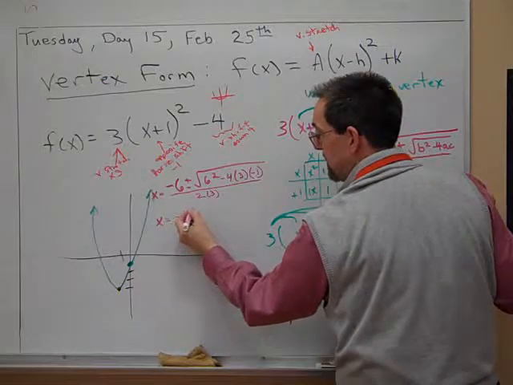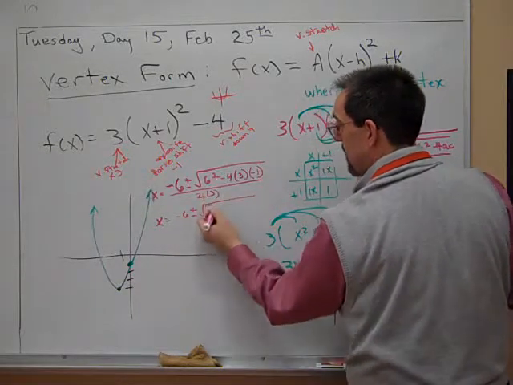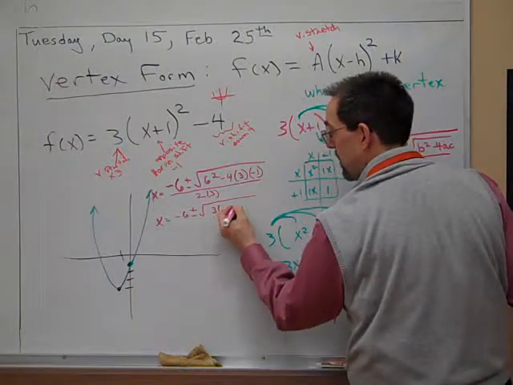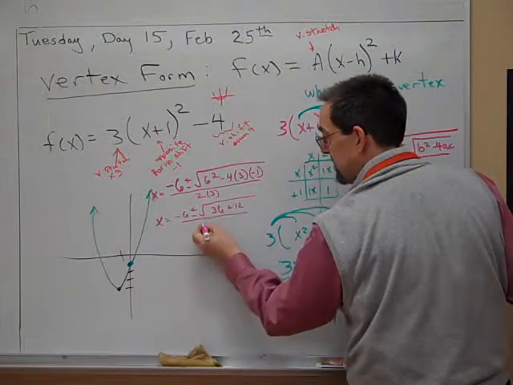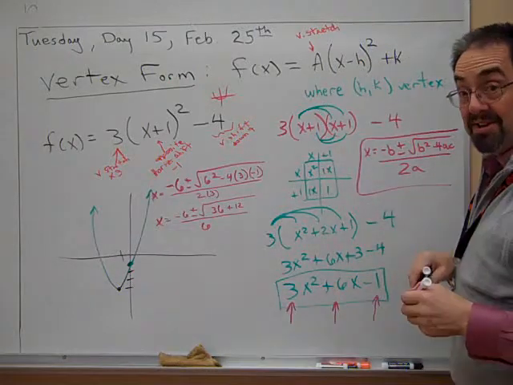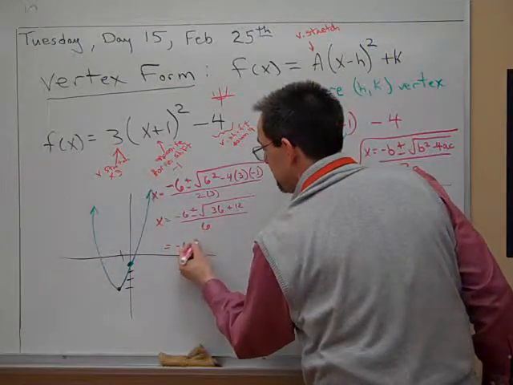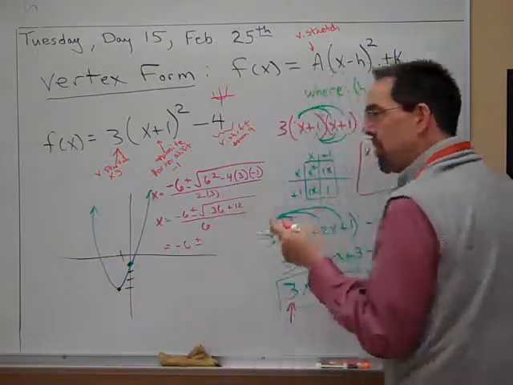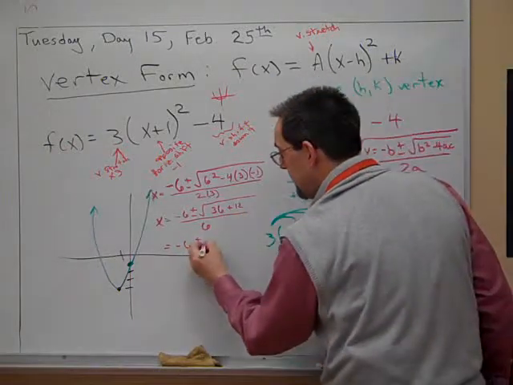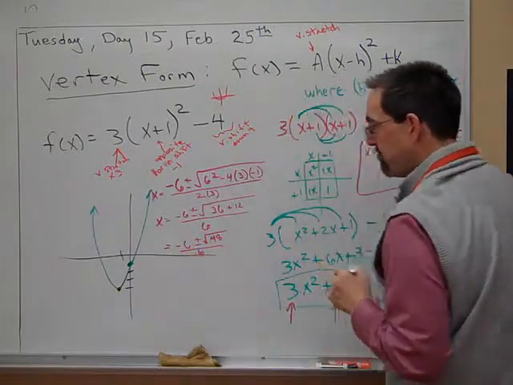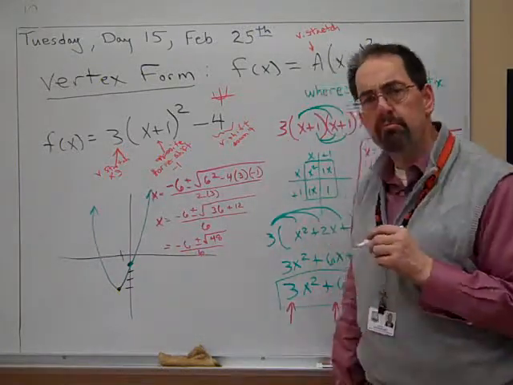So negative 6 plus or minus the square root of 36 plus 12, all over 6. Got some ugly numbers here, don't we? Negative 6 plus or minus the square root of 48, all over 6.